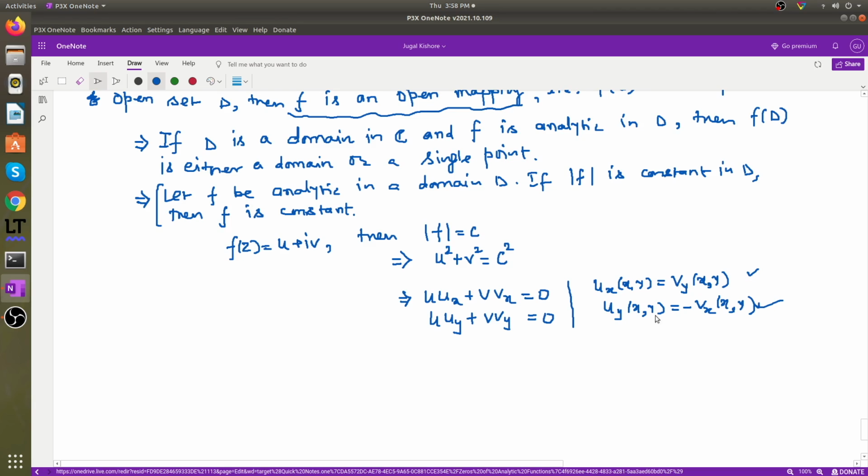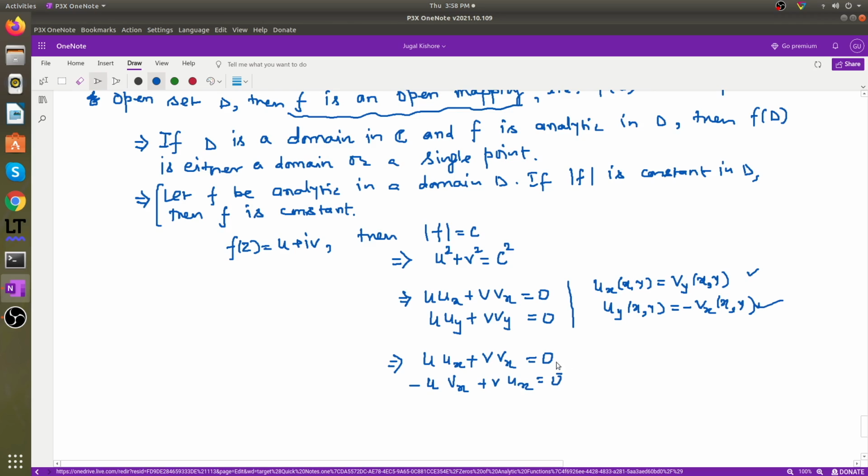Now using these CR equations in these two equations, the first equation I am writing as it is: u ux plus v vx is 0. In the second equation I am using the CR equations, so I get minus u vx plus v ux is equal to 0.